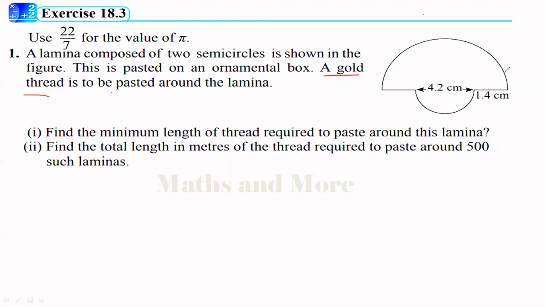If we paste a gold thread around this ornament box, that means perimeter around this. If we paste something, the idea is perimeter. Here you have to find this arc length, this line, this arc length, and this length. All the four parts should be added.